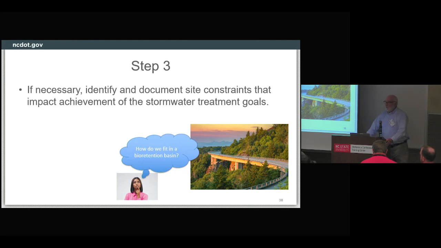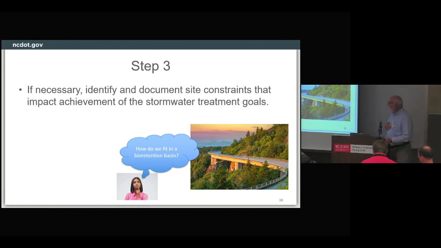Step 3 is, okay, during that design process, identify and document any site constraints that were there. So this poor lady here is thinking, how in the world, our BMP decision support matrix says in a mountainous situation like this, drained into trout waters, a bioretention basin is a good choice because it takes out sediment and cools the water.